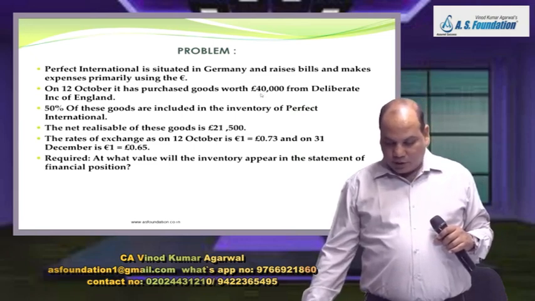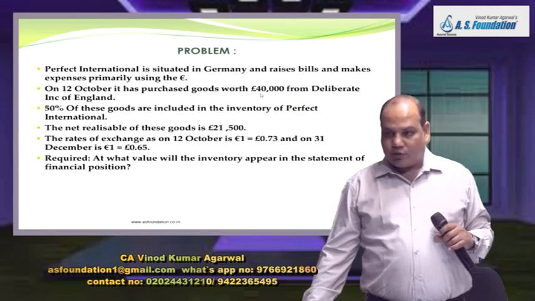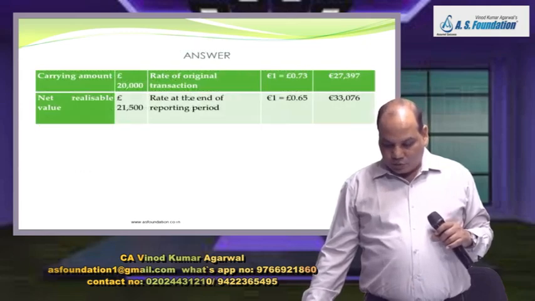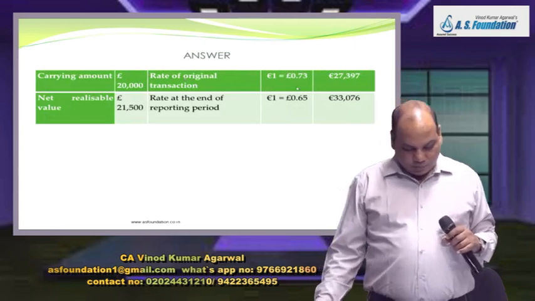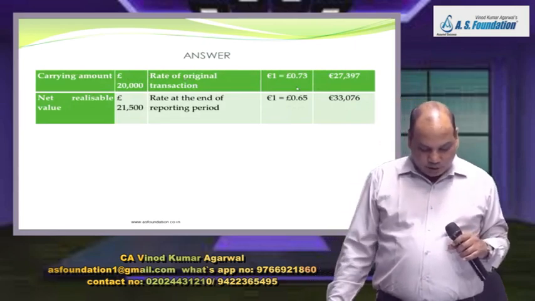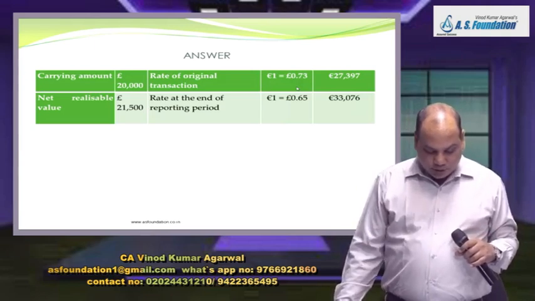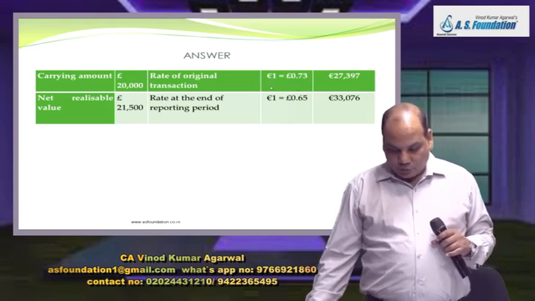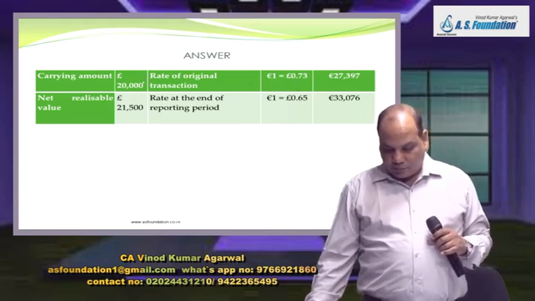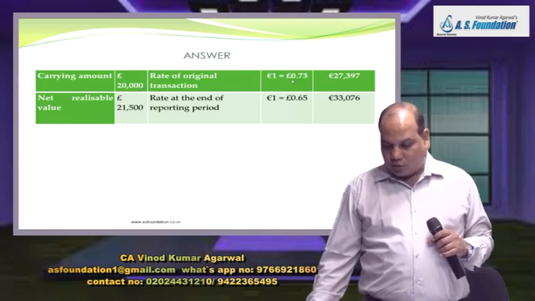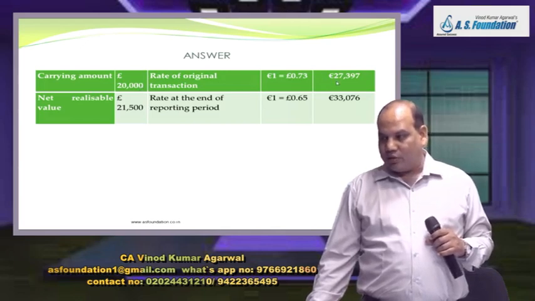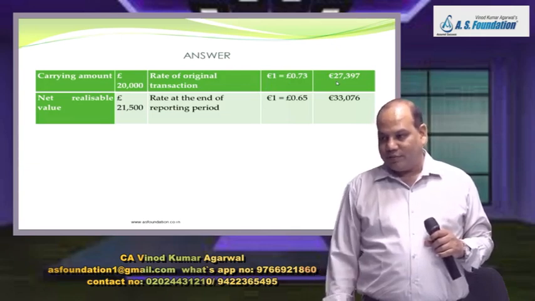We have inventory of 40,000 divided by 2, 20,000. So its cost would be based on the rate of exchange on the date of purchase. The rate on that date was 0.73 pound per euro. So convert 20,000 pounds into euro. How much did you get? Did you multiply or did you divide?